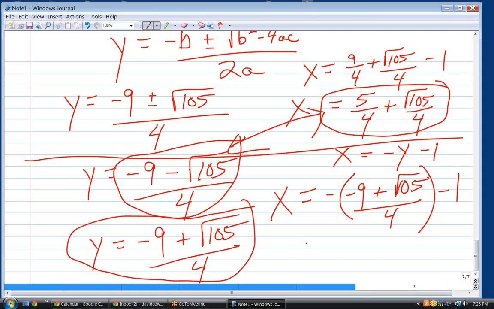Remove the parentheses. What do we get? Minus root 9 what? 9 minus root 105 all over 4 minus 1.